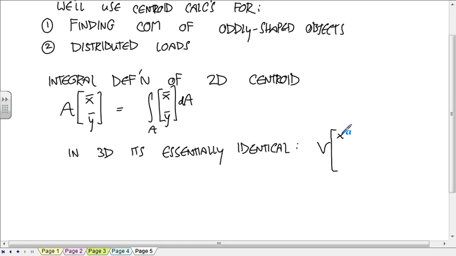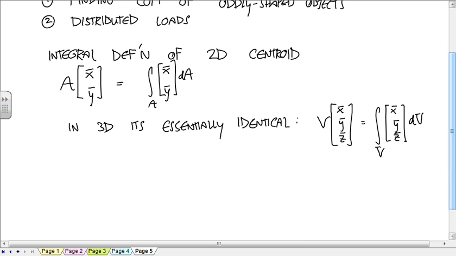The volume times the three-dimensional centroid is equal to the integral over the volume of the centroid of each individual increment of volume times the increment of volume. To illustrate how this integral definition works, I'm going to calculate the centroid of a triangle.